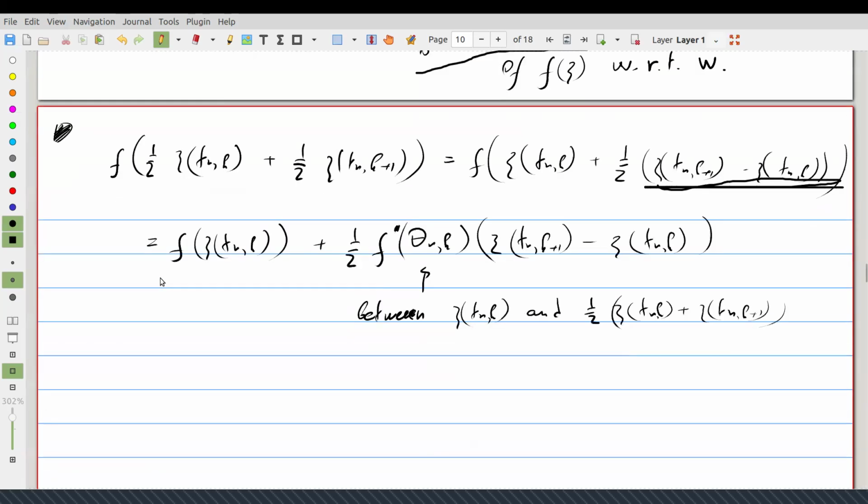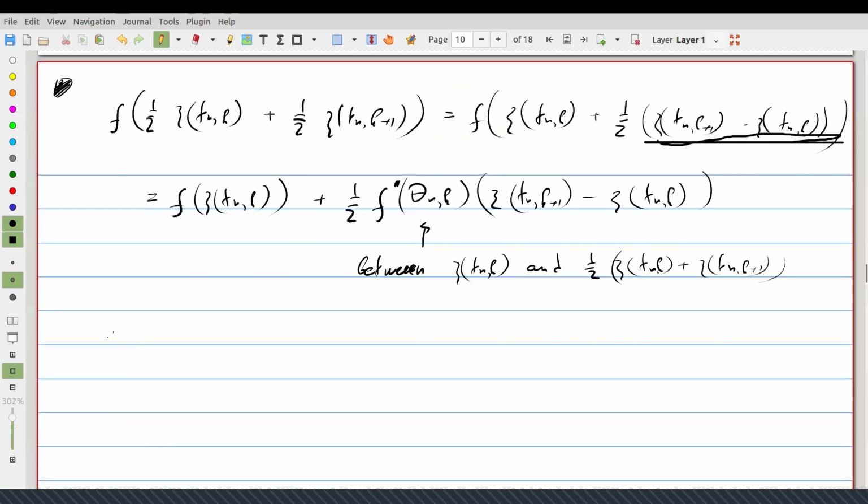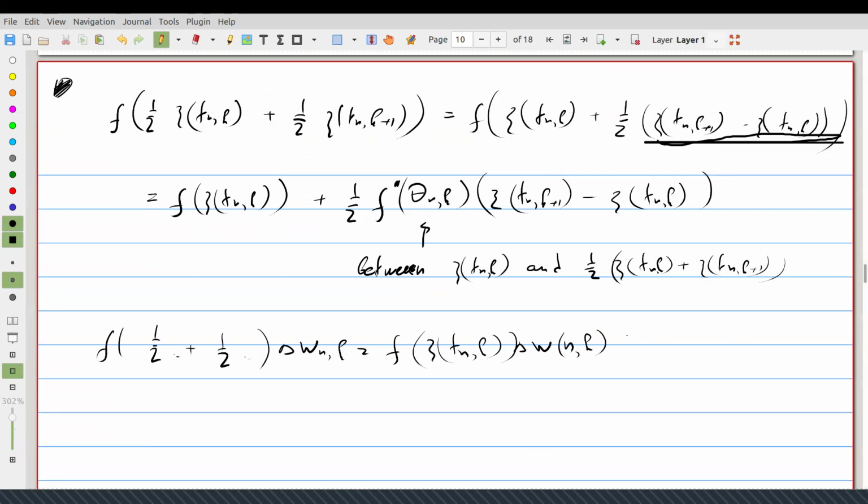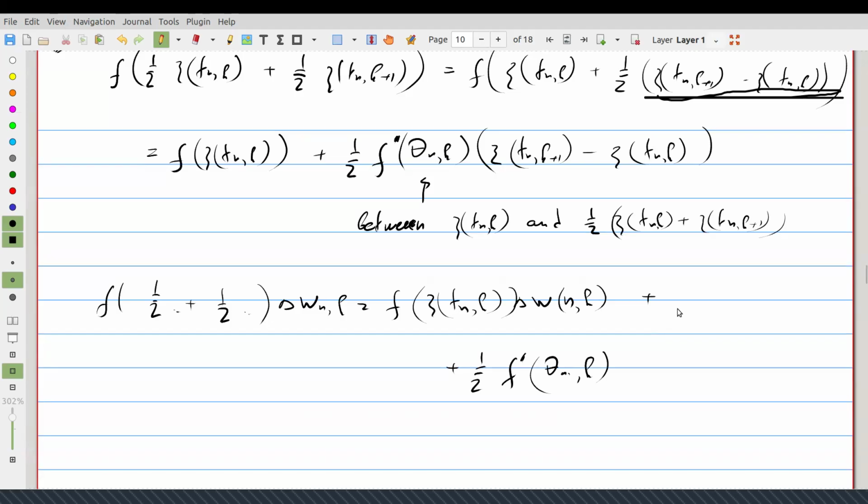That means that we have now considered the sum by adding multiplication. So we have f 1/2 plus 1/2 delta w n k. This is f psi t n k delta w n k plus 1/2 f squared t n k. We even discussed that you can work with measurability of such expressions, but actually theta n k is also measurable. We also discussed that.